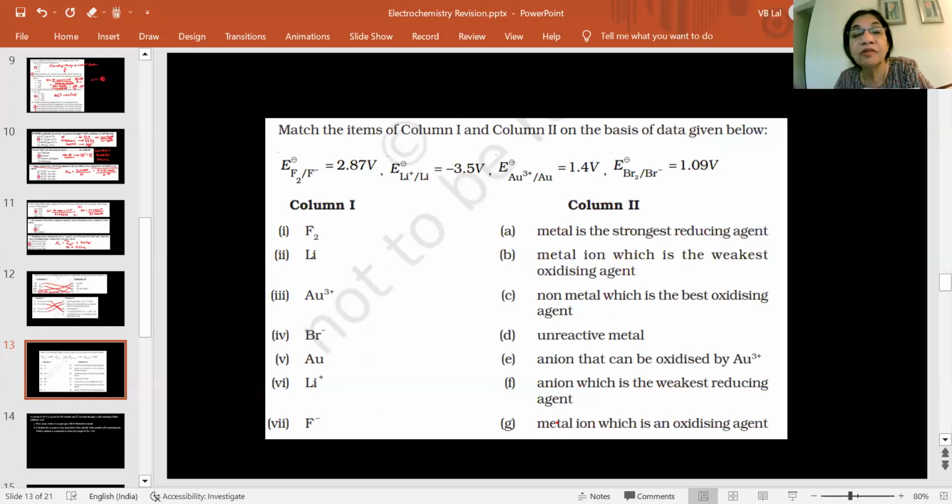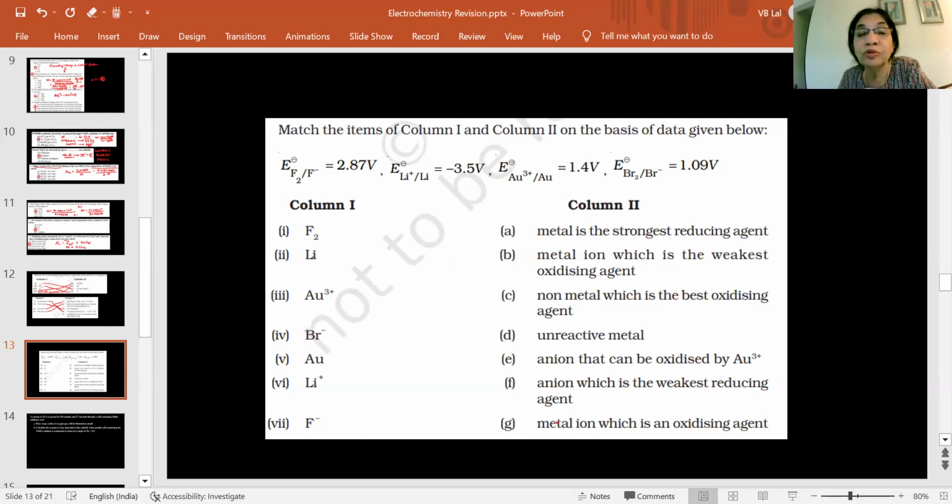Fluorine is a non-metal. So in all these options, this C is a non-metal. So it could be bromine or it could be fluorine. Lithium and silver, as lithium and gold, are metals, right? So answer has to be C, but which is the best oxidizing agent?